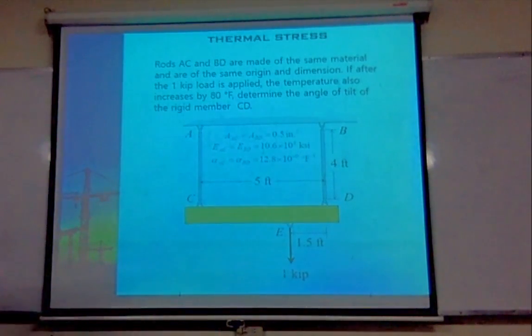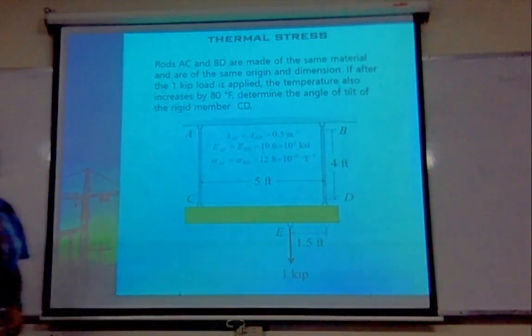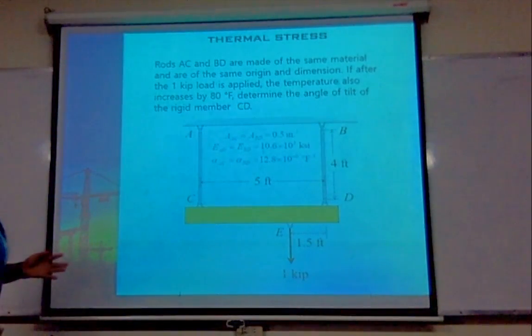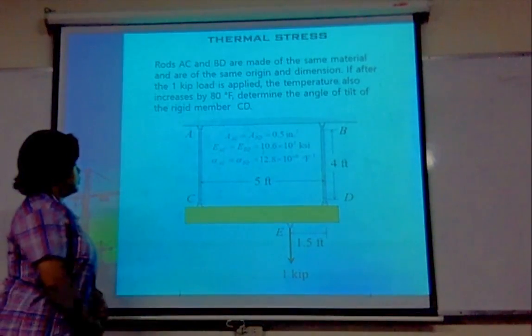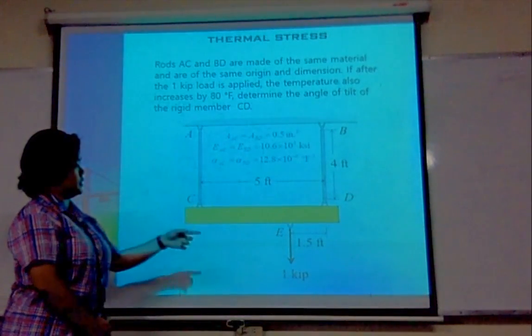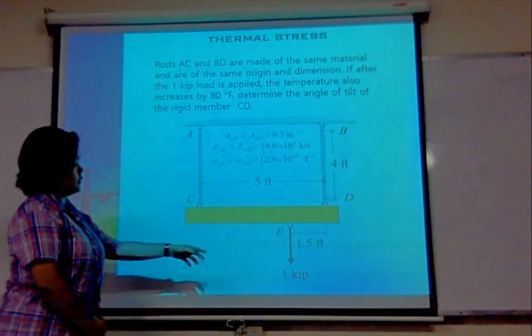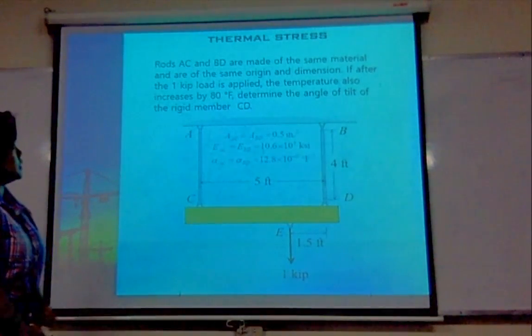We're going to discuss another problem. In this problem, it is required to get the angular inclination of the bar after the applied force and change of temperature.